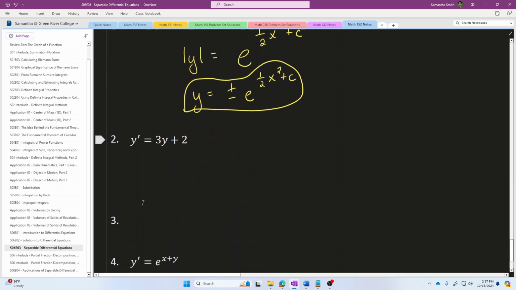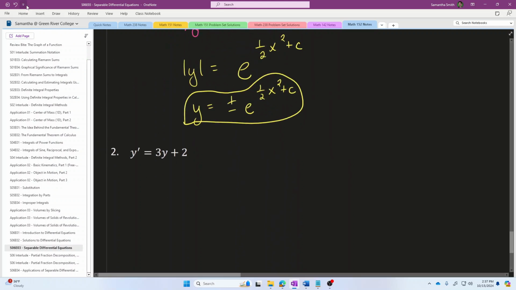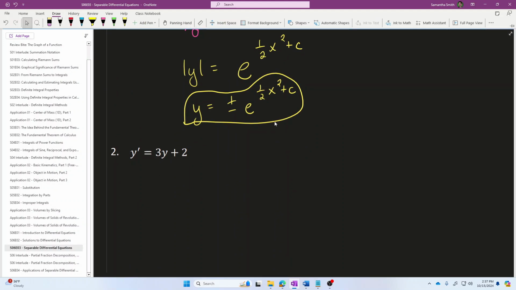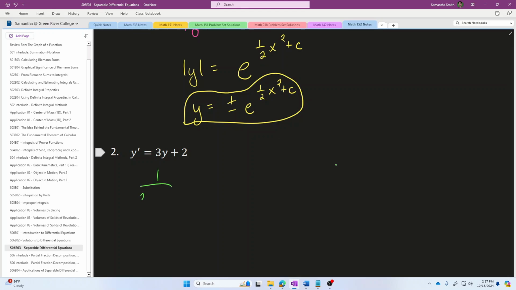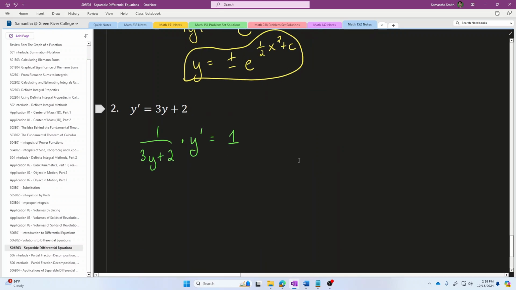Let's do it again on this additional example that we saw of a separable differential equation, y prime equals 3y plus 2. First, I'm going to rewrite this in the format function containing only y's times y prime equals function containing no y's, in this case, just the constant function 1.